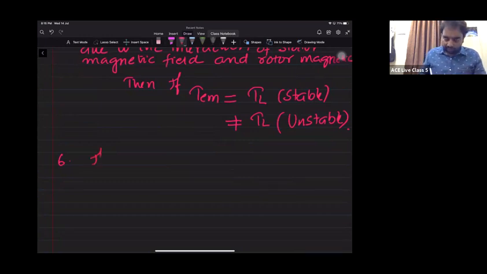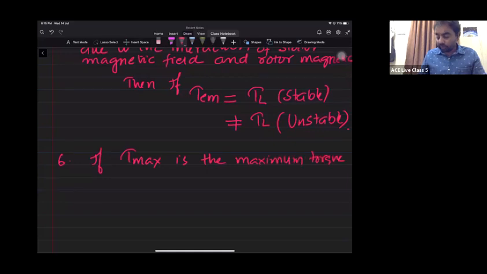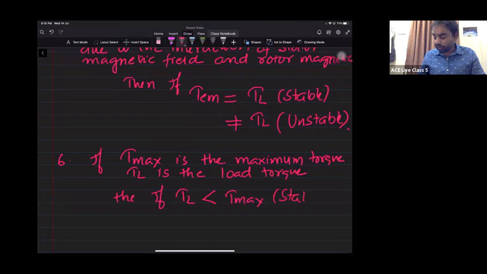So if T suffix max is the maximum torque, and TL is the load torque, then if TL is less than T max, applied load is less than maximum, stable.